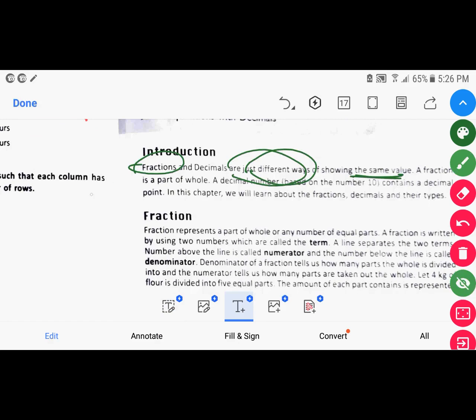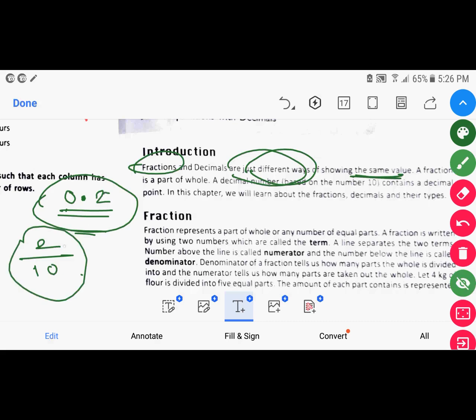Now see, if I have one decimal number like 0.2, whenever a point is added to the right side of a number, it shows the decimal. So 0.2 is the decimal number which I have. This can be written as a fraction as 2 upon 10. So the value is the same, but it is written in a different way.